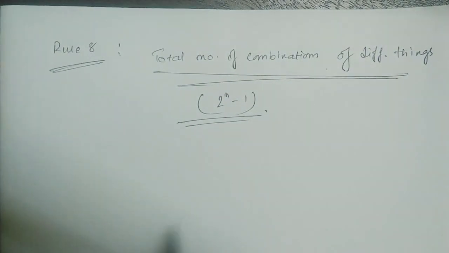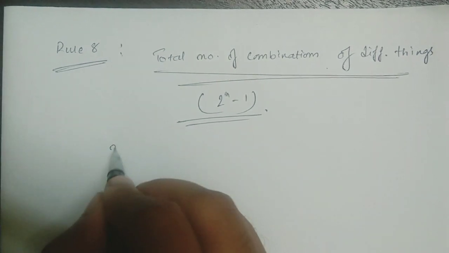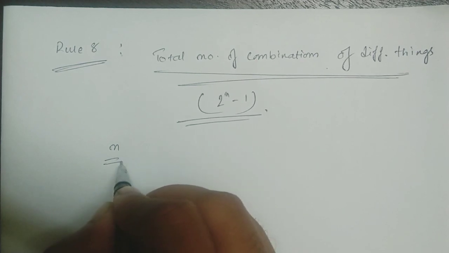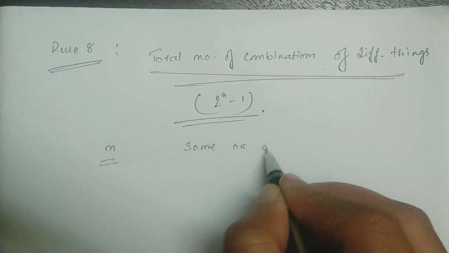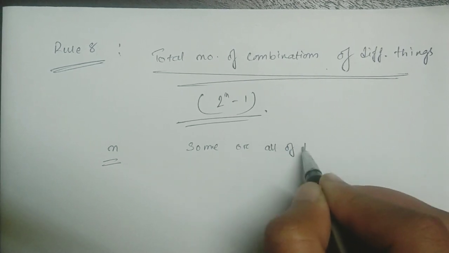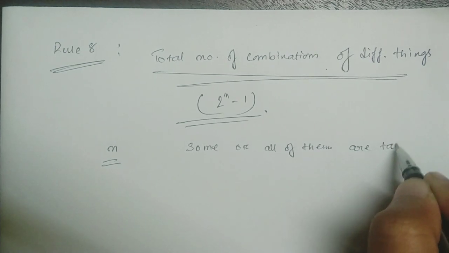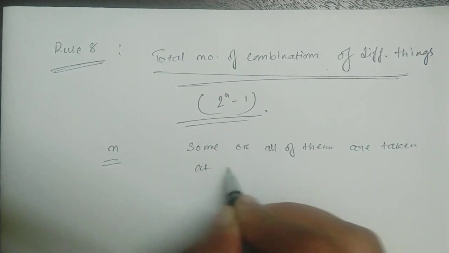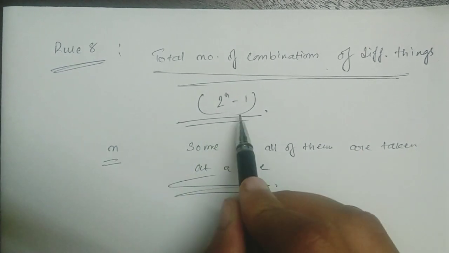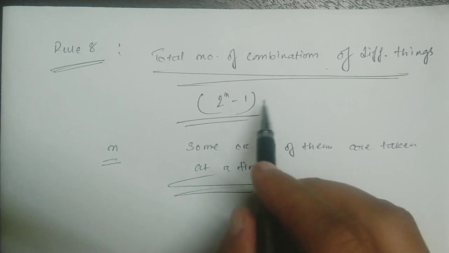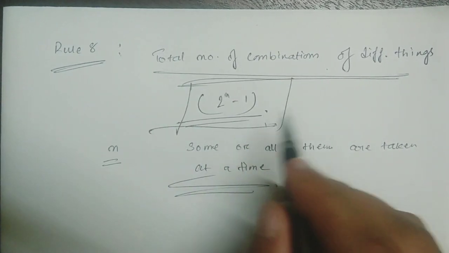Now, more specifically, when can I apply this formula? When the total number of things is n, and some or all of them are taken at a time. In such a case it will be 2^n minus 1. So please remember that this is the rule that we shall be using.